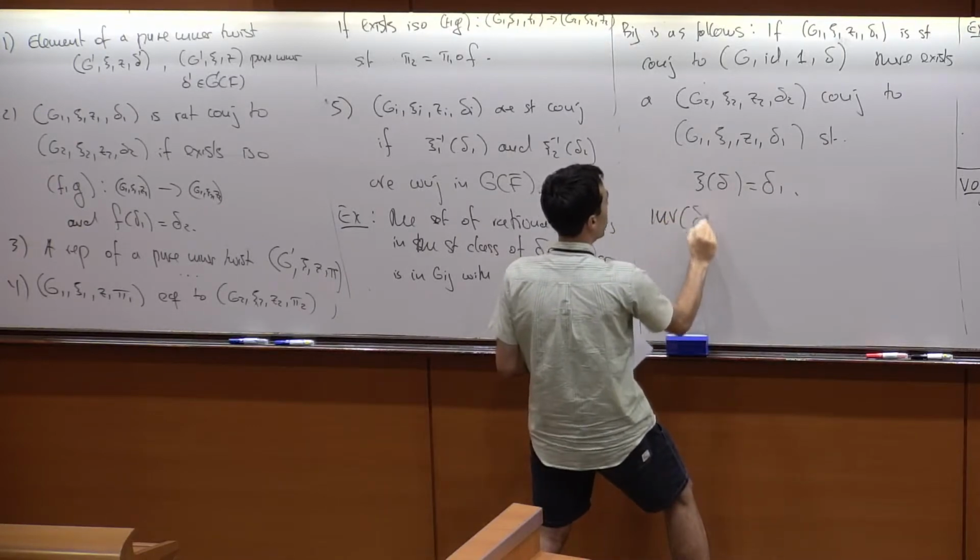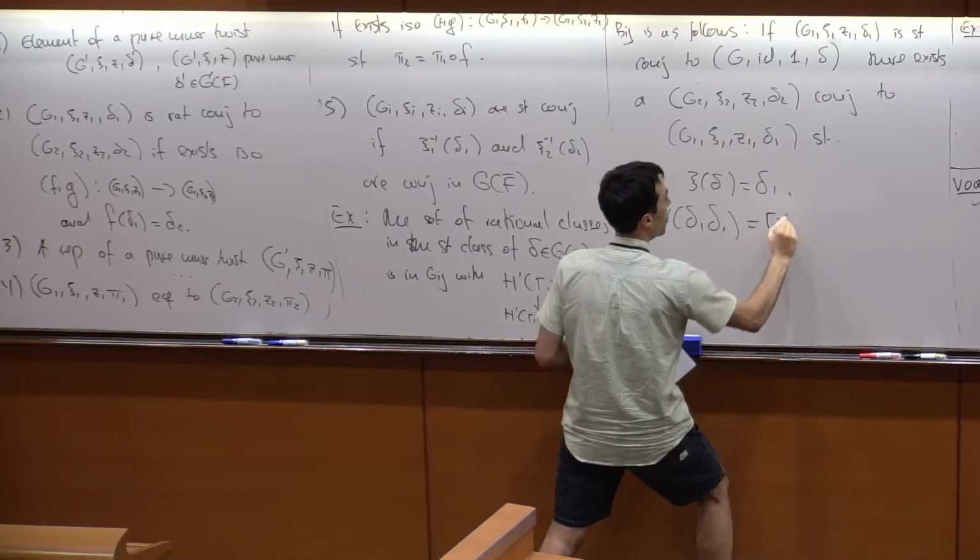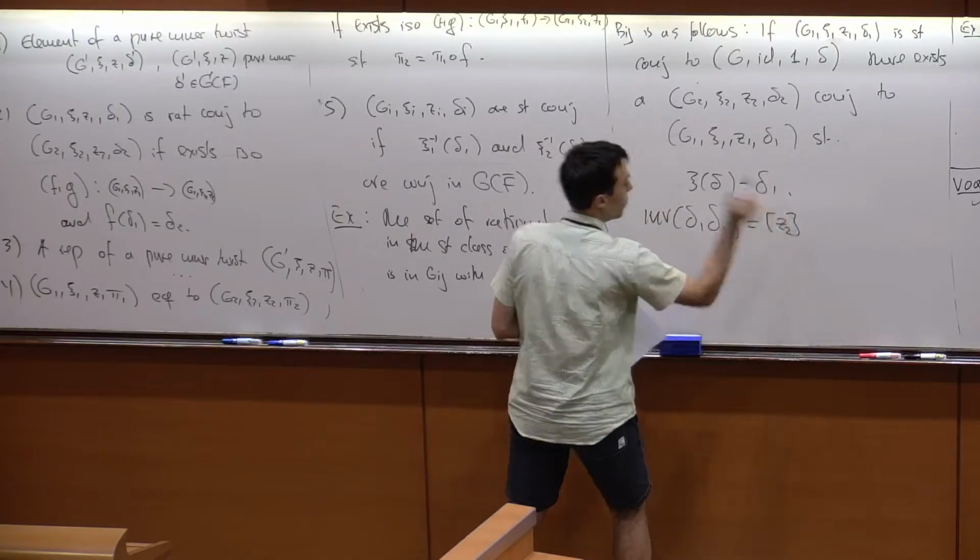Define the invariant of delta, delta 1 to be the class of this Z2.